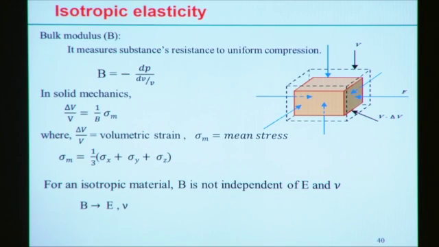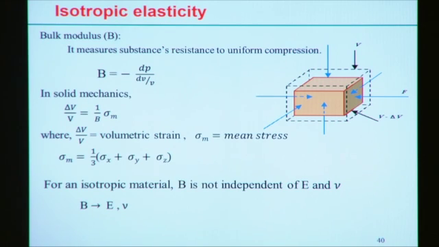Similarly, for isotropic elasticity, we can find the relation of the bulk modulus with the Young's modulus and Poisson's ratio. It was already discussed that the bulk modulus can be defined as minus dP, that means the change of pressure, over the volumetric strain.